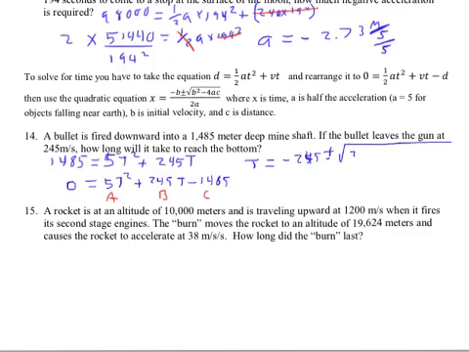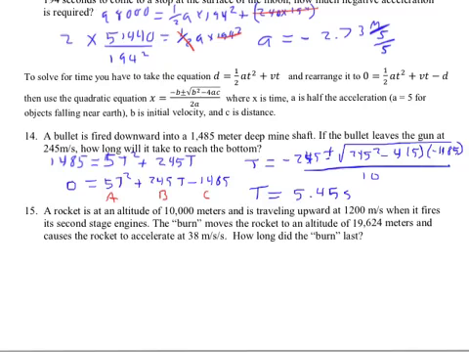Now figure 245 squared minus 4 times A, which is 5, times C, which is negative 1485, and we're going to put that over 2a, so that's 2 times 5, which is 10. And we're going to solve that, and when we solve that, what we're going to come up with is 5.45 seconds.